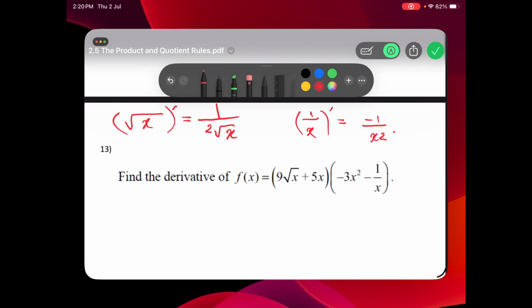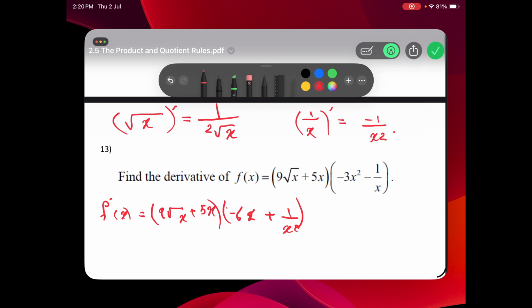So what is f prime of x here? It equals, I will keep the first function as it is. So I have 9 radical of x plus 5x, and the derivative of the second is minus 6x. It will be now plus 1 over x squared, because the derivative of minus 1 over x will be 1 over x squared.